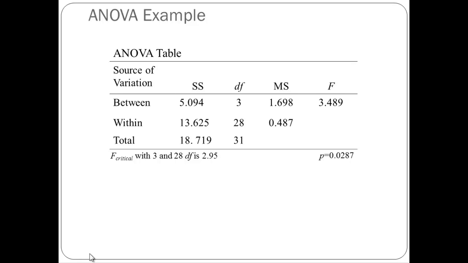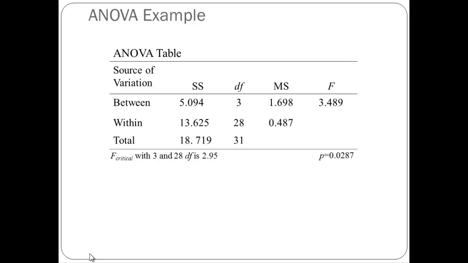The ratio of those two mean squares is distributed as an F statistic. So my F calculated is 3.489. I've already gone to the F table in the back of the book and determined that with 3 and 28 degrees of freedom, with alpha 0.05, my critical value or my critical F statistic is 2.95.